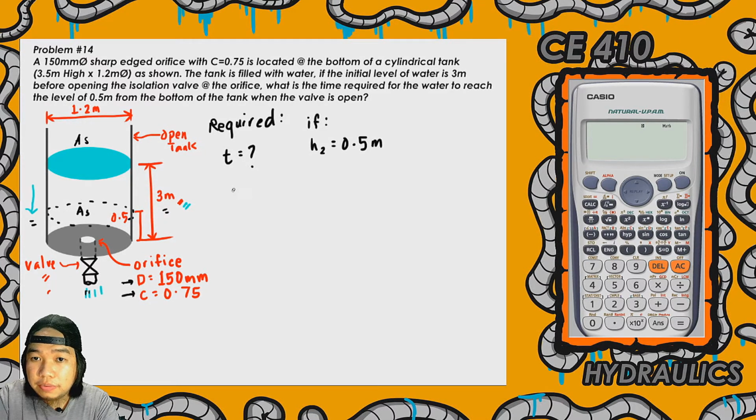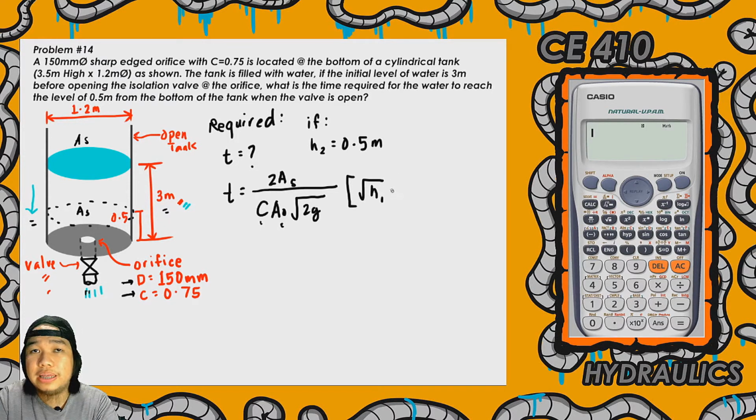So, at this case, gamitin natin yung derived formula. So, that is T is equal to 2 A sub S or the cross-sectional area of the tank all over C o coefficient of discharge times the cross-sectional area of the orifice times the square root of 2g multiplied to the square root of the initial height which is denoted as h sub 1 minus the square root of the final head which is denoted by h sub 2.